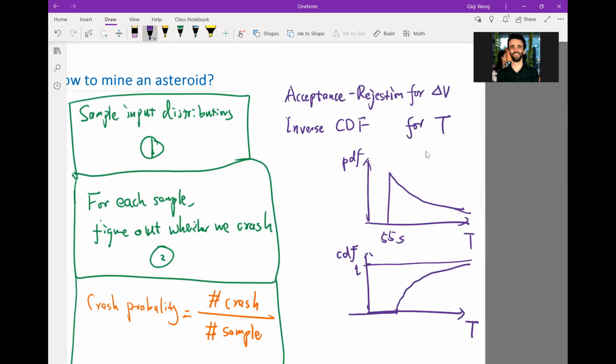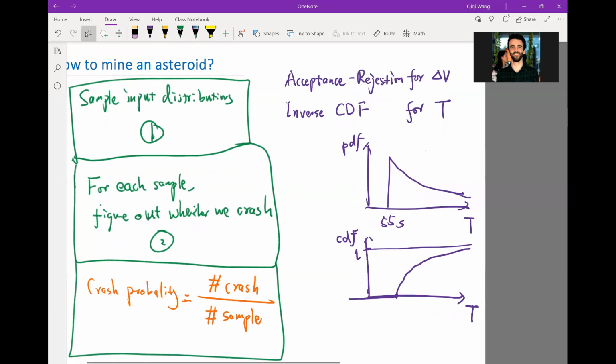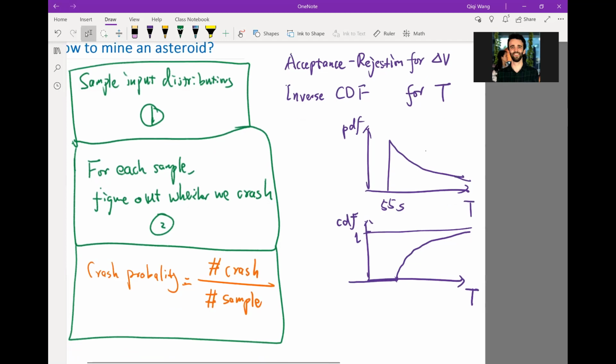So how do we use the inverse CDF for sampling such an exponential distribution? The idea is we uniformly sample the y-axis of the CDF, and then use the inverse of the CDF to map it to the x-axis, which is t.